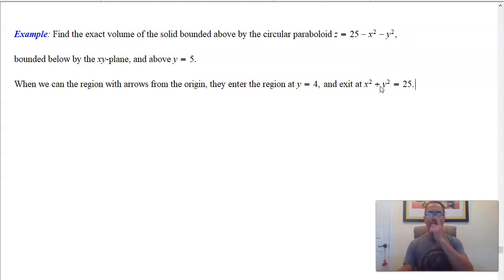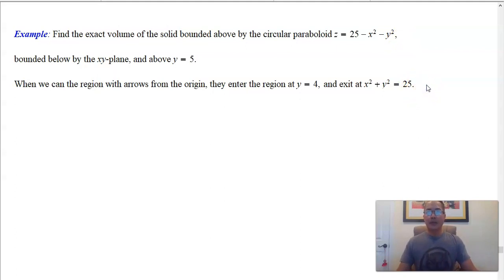Okay. You know what? My apologies. So basically in our first example, it was pretty obvious that the radius is 5, but that's because we are intersecting the paraboloid with the xy plane where z equals 0. So when z is 0, we get x squared plus y squared equals 25. Okay, kind of skipped over that little detail earlier.